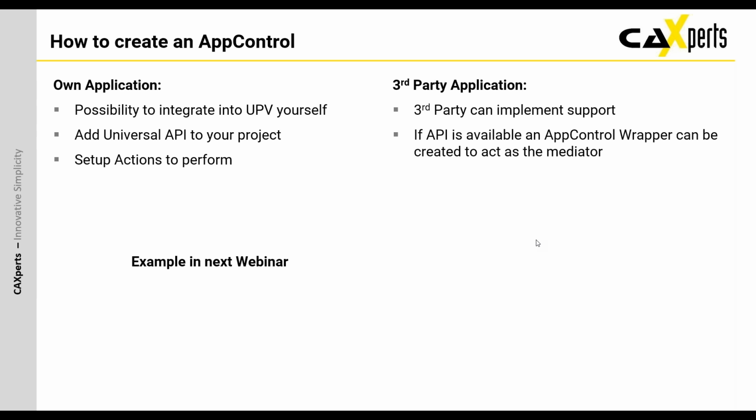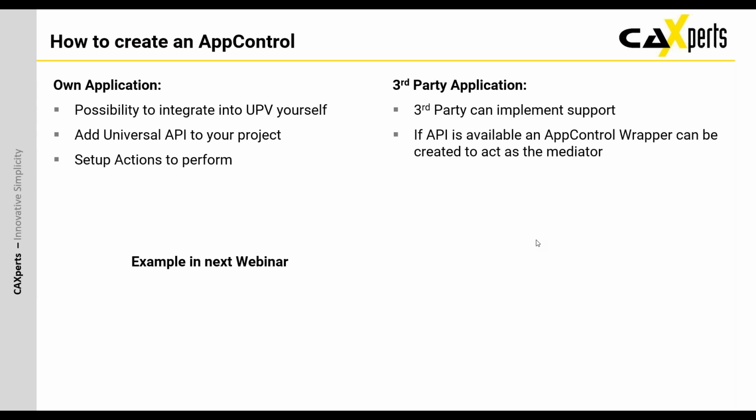But there's also the part about third-party applications. So this could be applications that are provided to you as software as a service, for example. In this case, you don't have access to your source code. If you're able to add integrations on this side yourself, then it's also easy to integrate such a thing. But in many cases, this is not possible.